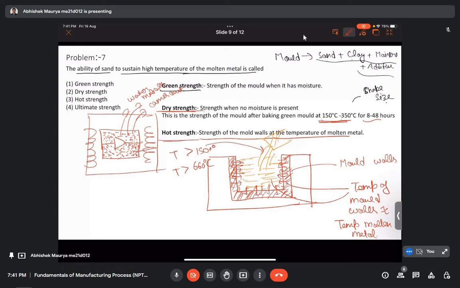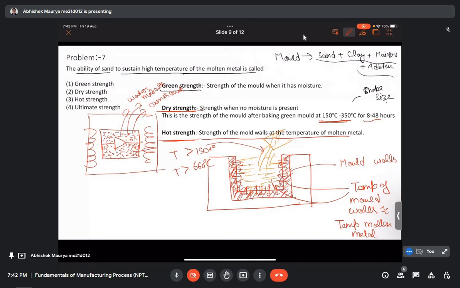That strength, the strength of the mold at the temperature of the molten metal, is known as the hot strength, and it is very desirable at the time of pouring the molten metal, because when molten metal comes inside the mold, the mold should retain its shape, size and dimension without getting disturbed, in order to make the desired casting.